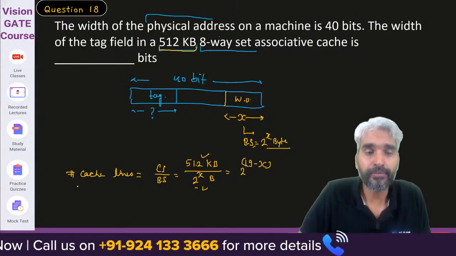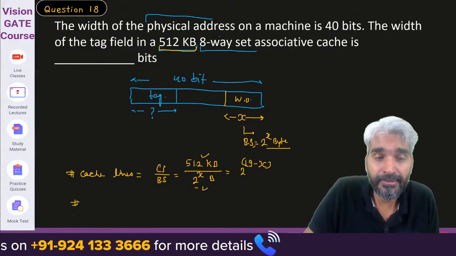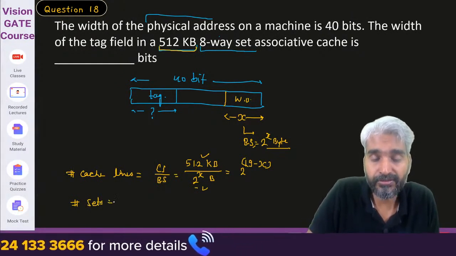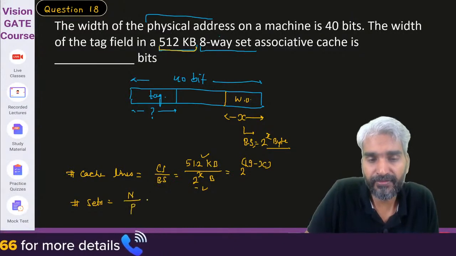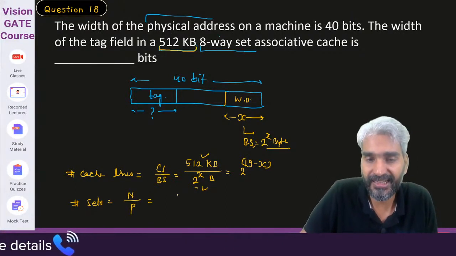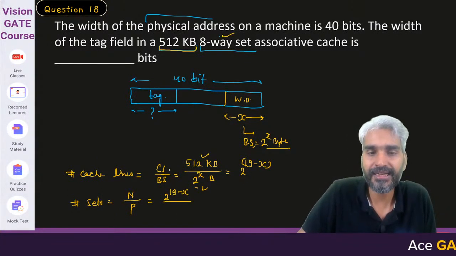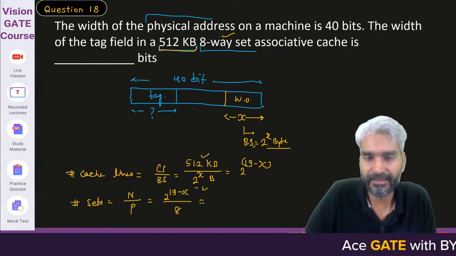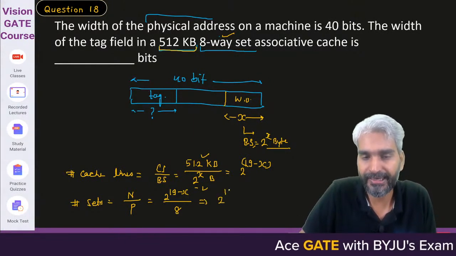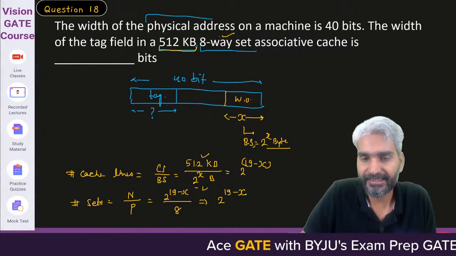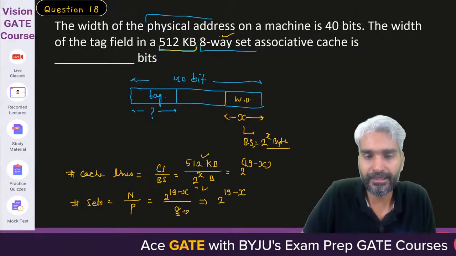So how many sets will be there? Number of sets will be n by p, that is number of cache lines divided by p. Number of cache lines is 2 raised to the power 19 minus X, and the value of p is given as 8. So it will be 2 raised to the power 19 minus X, and this 8 is actually 2 raised to the power 3.